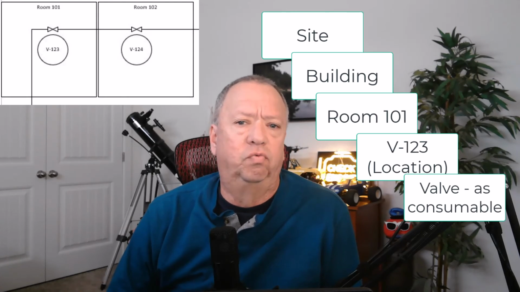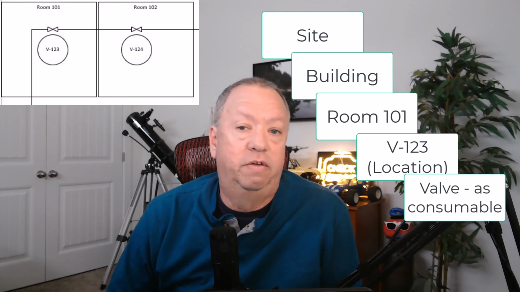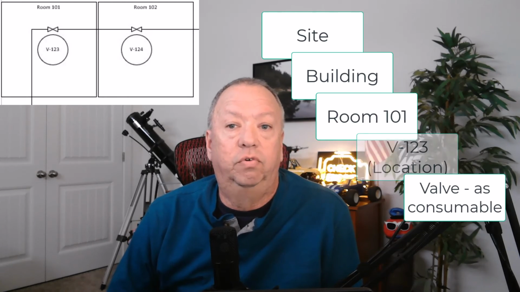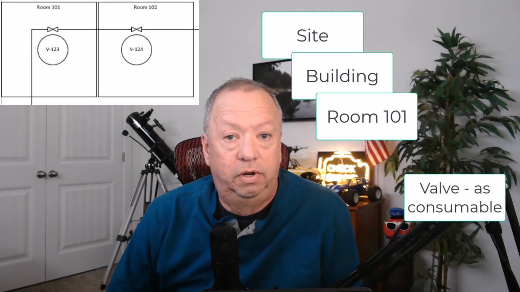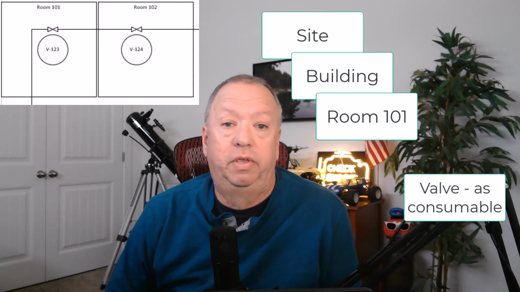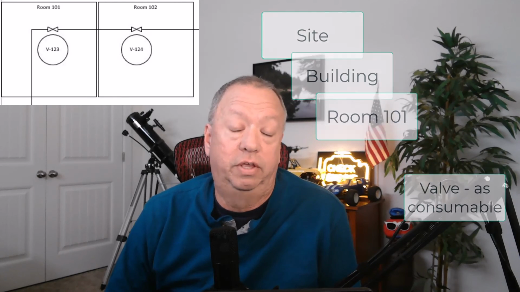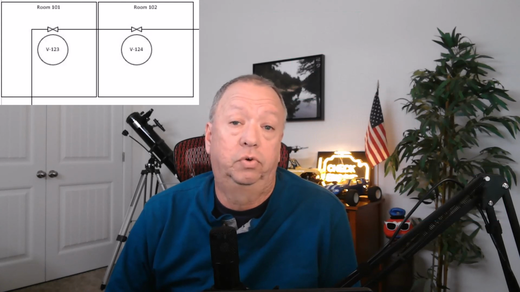If you only had the room 101 level location, you would have no way of knowing which valve in room 101 got replaced. Somewhere in room 101, we replaced a valve. That's not necessarily good, but maybe in your context, the way cost accounting is performed, that's okay.